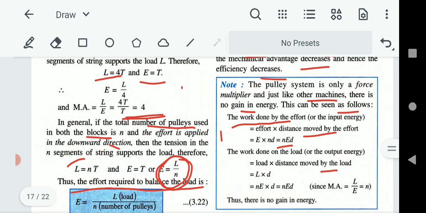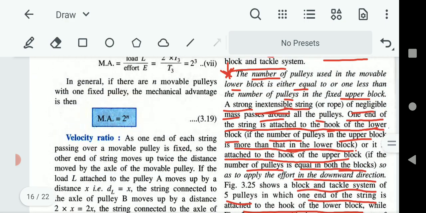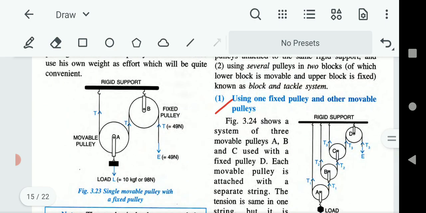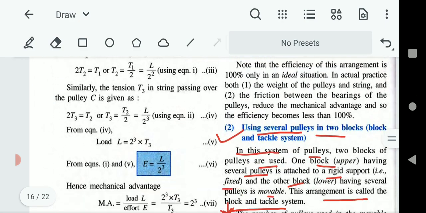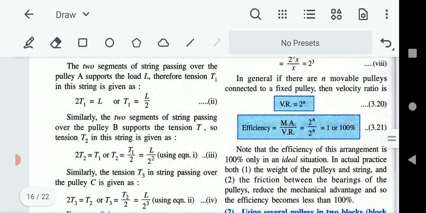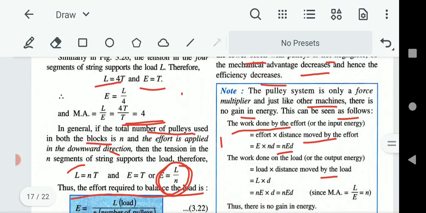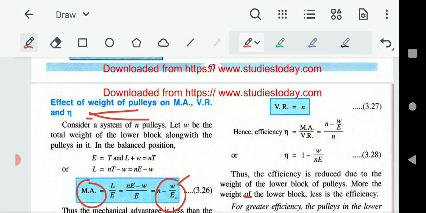In this case velocity ratio is also 2 to the power n. In the block and tackle system, when we include the weight of the pulley, the velocity ratio will be only n, but the mechanical advantage will be less than n. Hence efficiency will be the mechanical advantage by velocity ratio, n minus W by n.